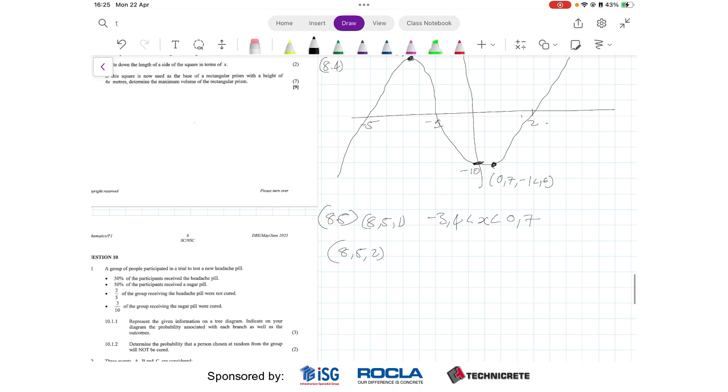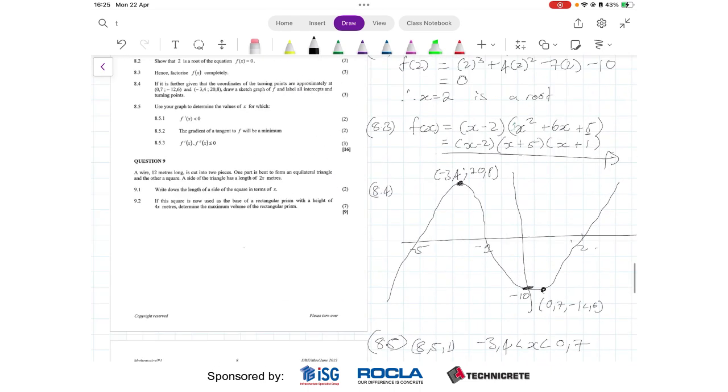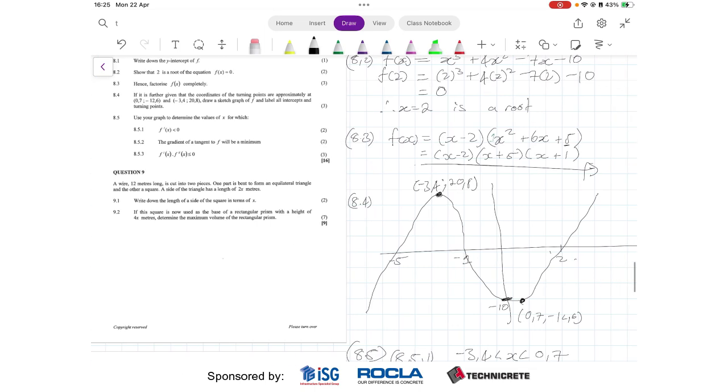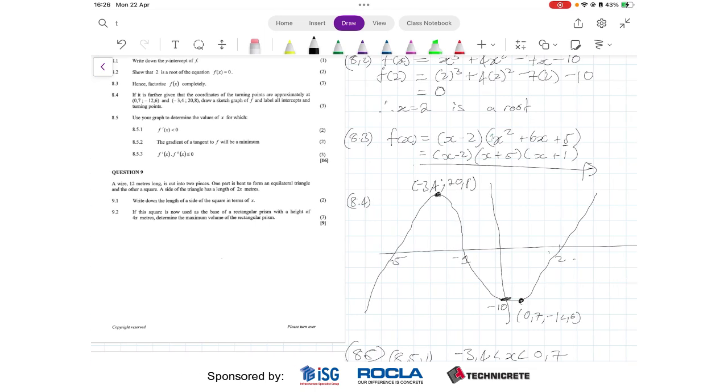8.5.2. We are asked to use your graph to determine the value of x for which the gradient of a tangent to f will be a minimum.